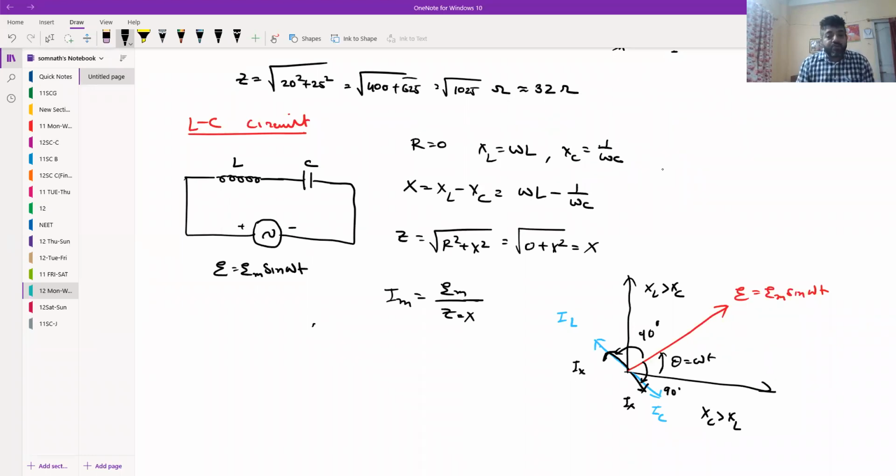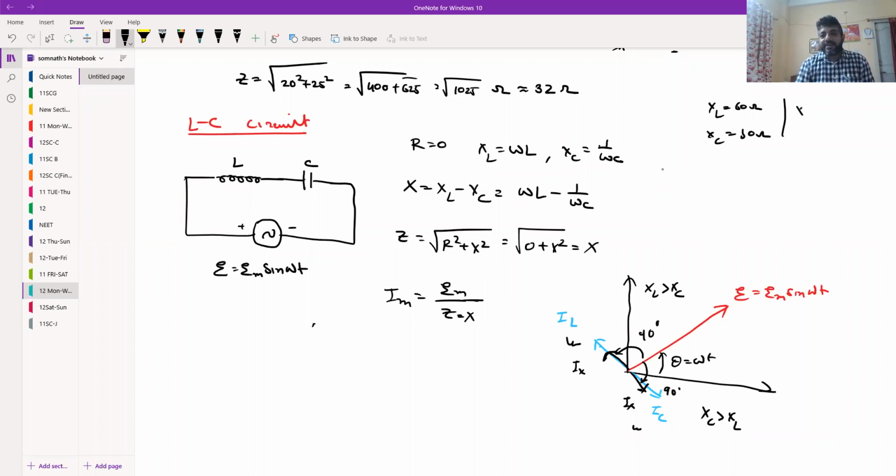So both are not possible at a time, either this one or this one. So it could be plus 90 or minus 90, we don't know, because we are not in a condition where we can comment on it. We can comment that it will be plus 90 or minus 90 only after we see the data. Like if we get XL 60 ohm and XC 30 ohm, we can say XL greater than XC, so phase angle is positive, that means plus 90.